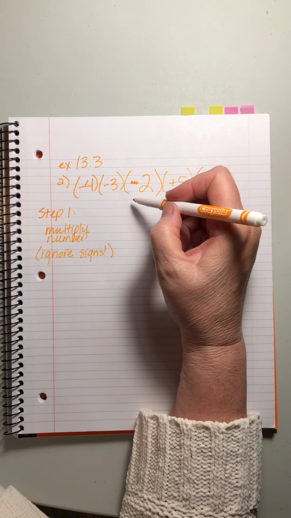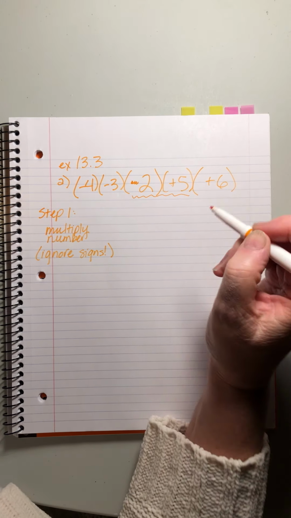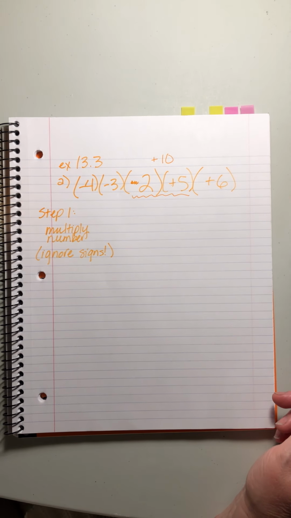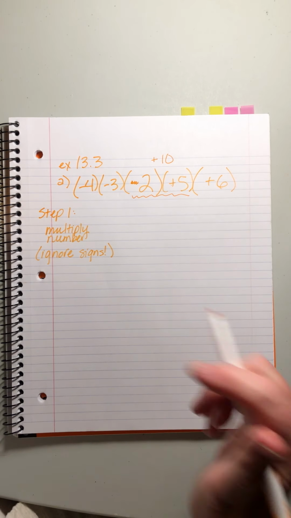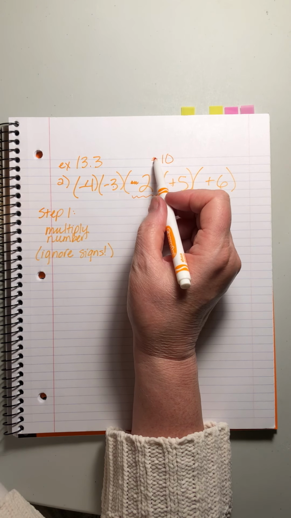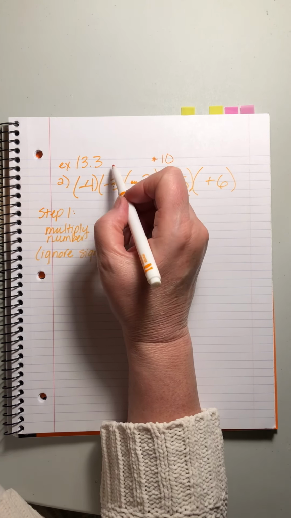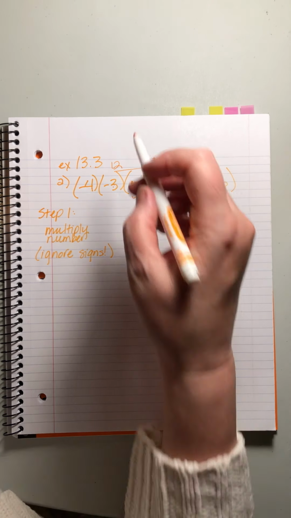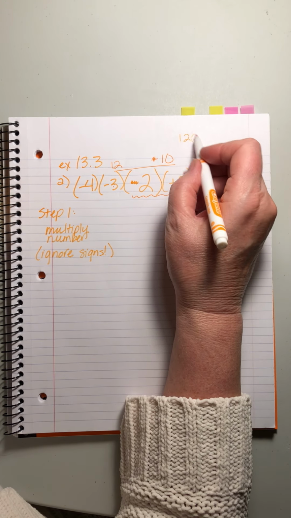All right, what I do is I look for things that are easy. 2 times 5, that's 10. And I'm going to go ahead and write positive 10 because I want to make sure I keep track of that. 4 times 3, oh wait, we're not talking about signs yet. We're just talking about numbers. 4 times 3 is 12. So this much I know is 120, right?